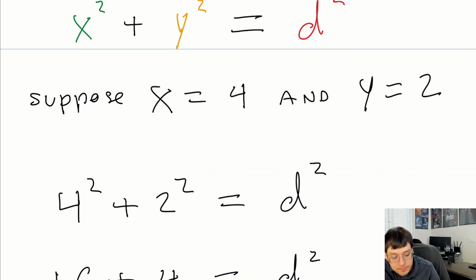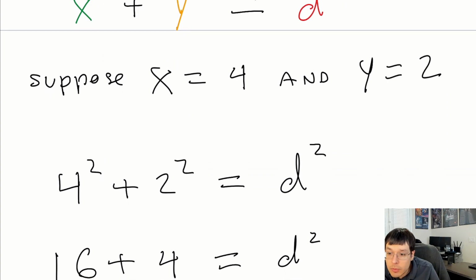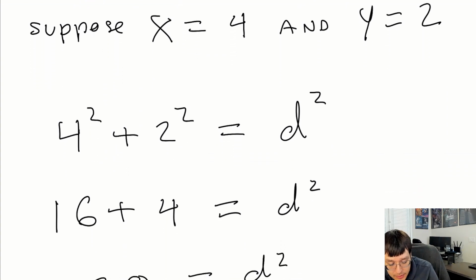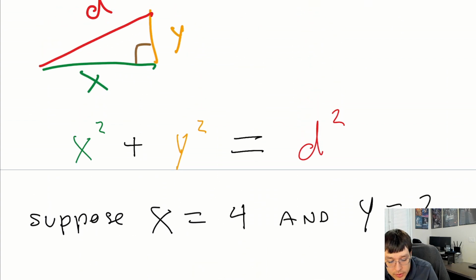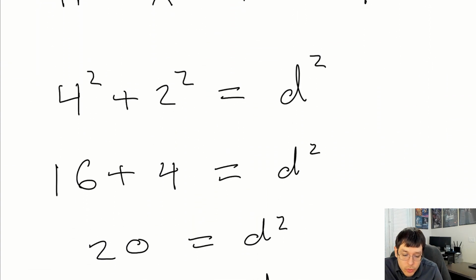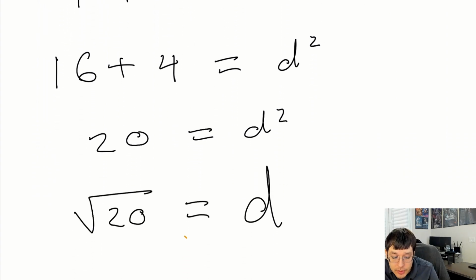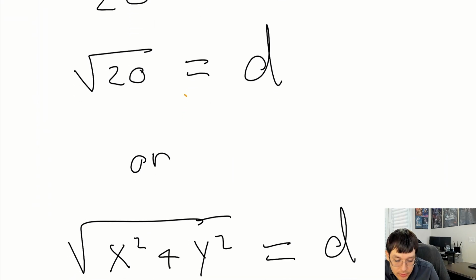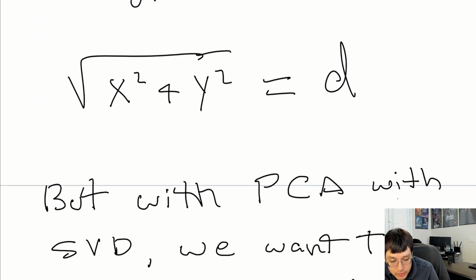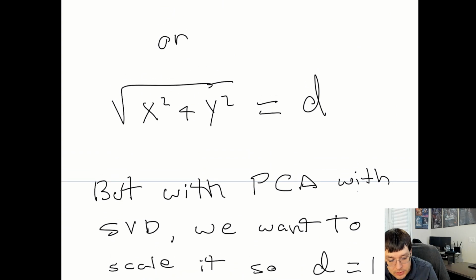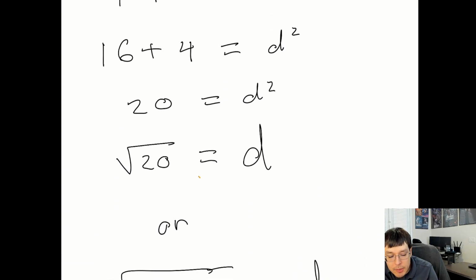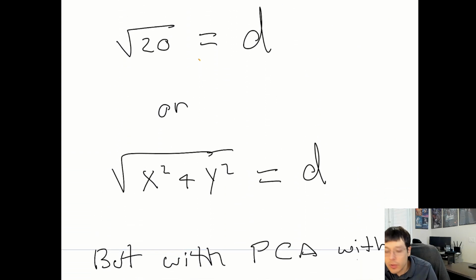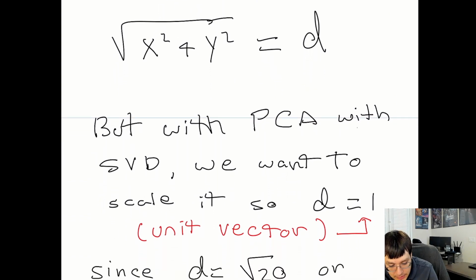So to compute d, I take 4 squared plus 2 squared, which is 16 plus 4, 20, and that's equal to d squared, so d is the square root of 20. The formula to compute d is just the square root of that.